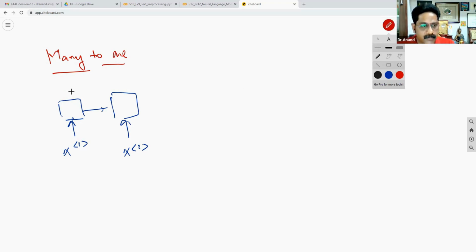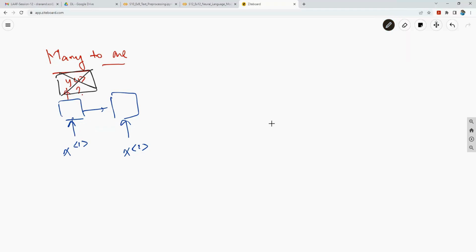Is it important for me to get Y of 1? In many to one, this is meaningless, isn't it? Yeah, I think like TF-IDF or calculations of those kinds will make more sense.